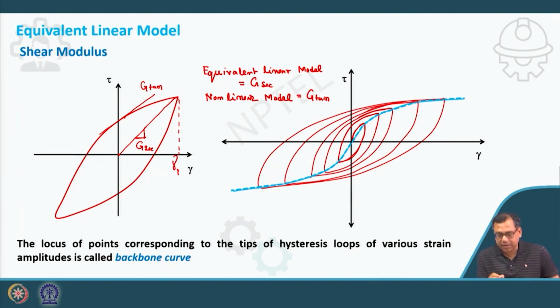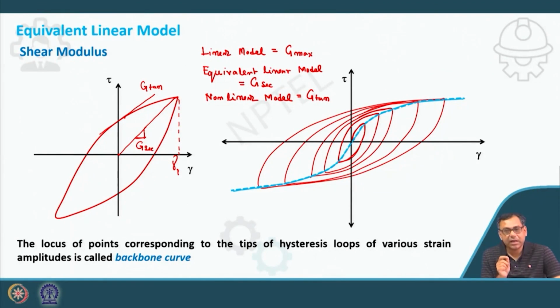And there is another type of model, that is the linear model or linear analysis. There we use G max or G0, that is the shear modulus for low strain condition.